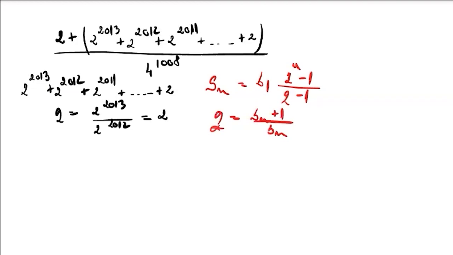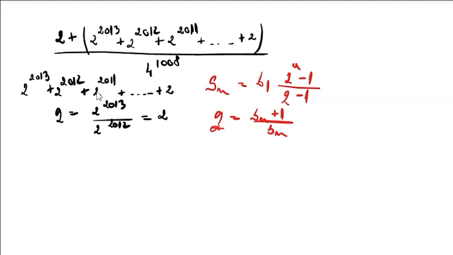Furthermore, we have first term b1 equals 2, and q we obtain by observing the powers, as often as the base is kept. So we can observe above that we have powers 2013, 2012, and 2011.